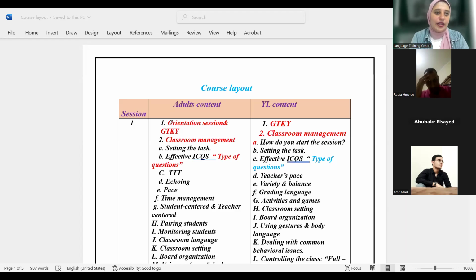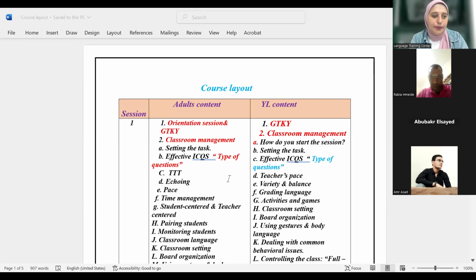Before we start, my friends, let's go through the layout to make things clearer. So today is the third session. Concerning the first session, we went through an orientation session and then we talked about classroom management.